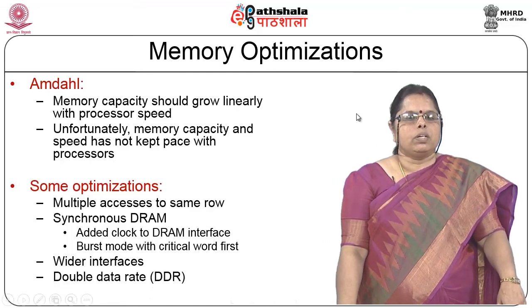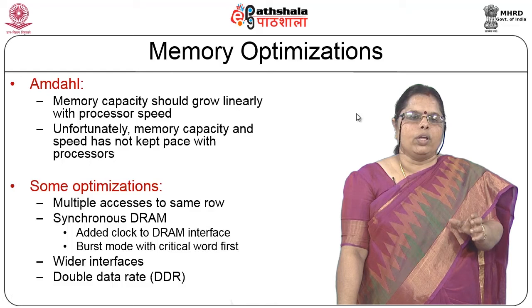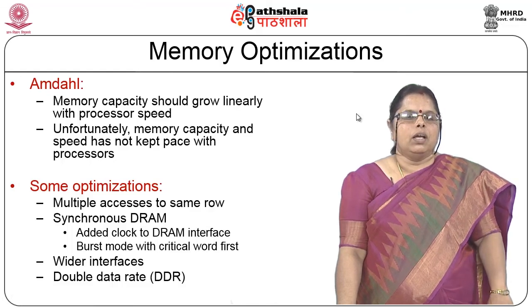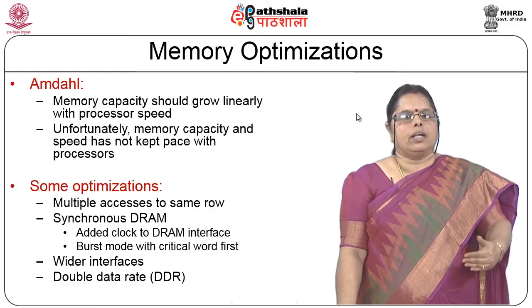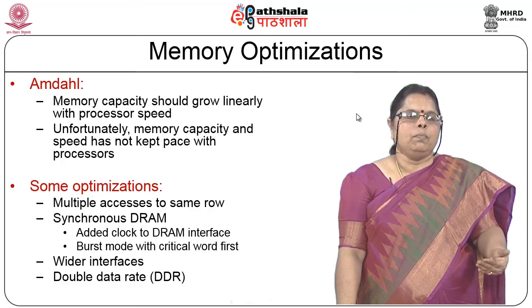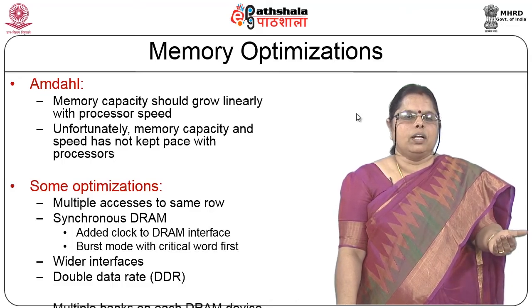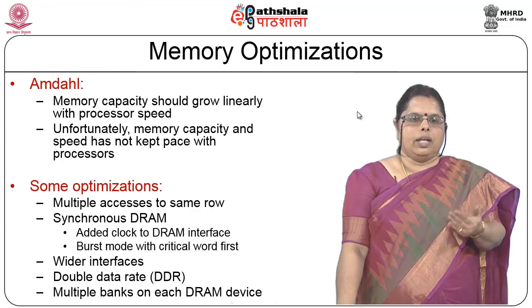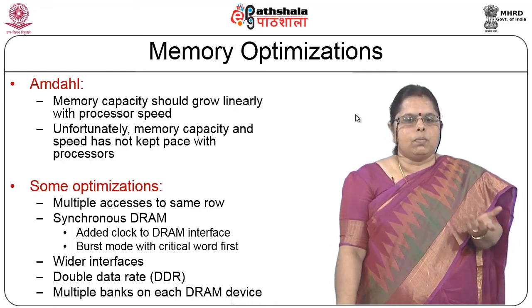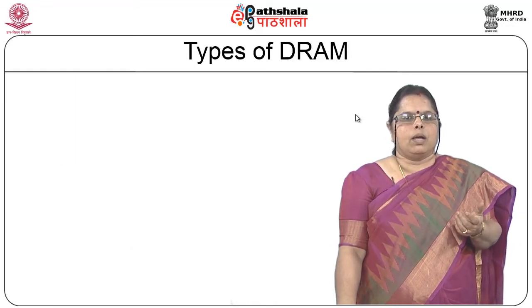The other optimizations are going in for wider interfaces, and a double data rate DRAM, where data is transferred at double the rate compared to your normal DRAM. You can also look at multiple banks on each of these DRAM devices.